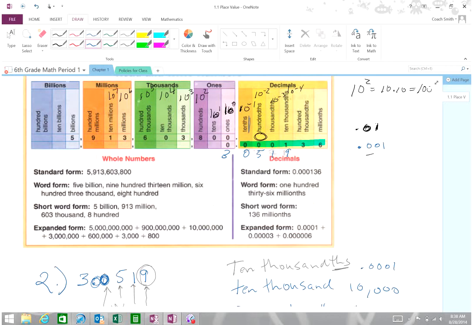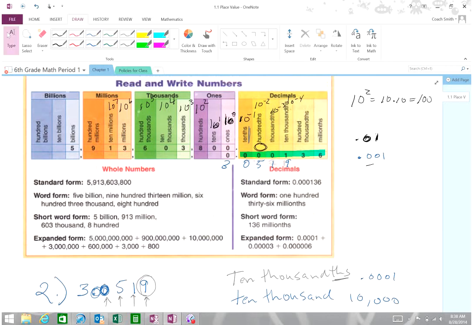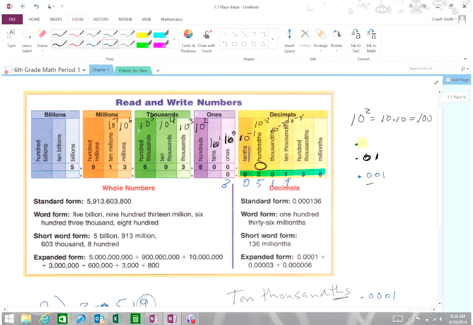Now understand that each one of these, let me write the other one as well, can also be represented by fractions. This is 1 over 10. This is 1 over 100. This is 1 over 1,000. That's the fractional equivalent along with your exponent equivalents for those place values.